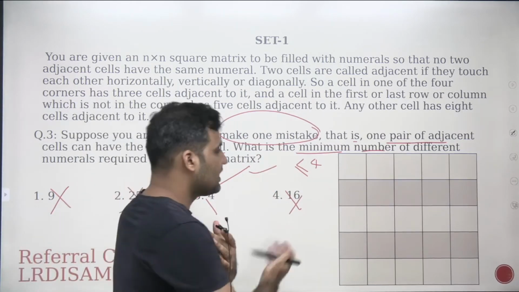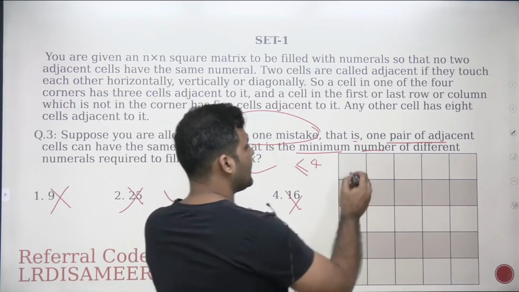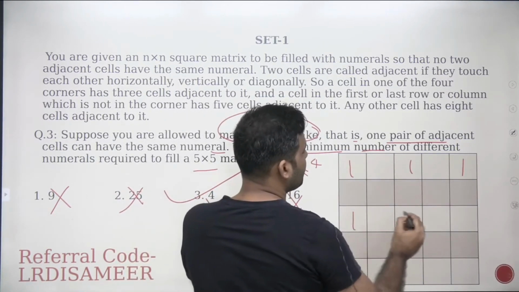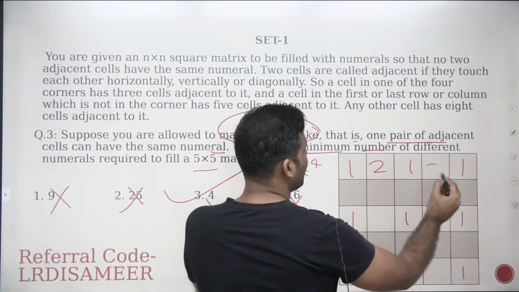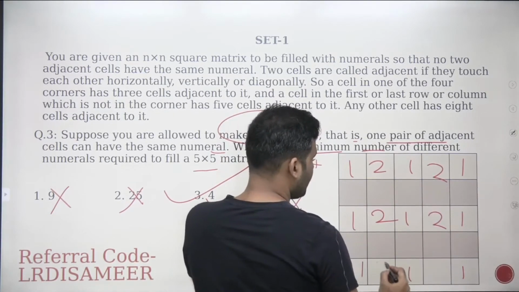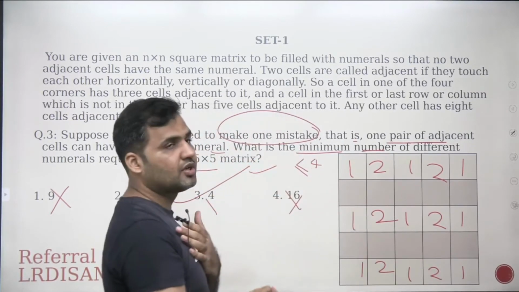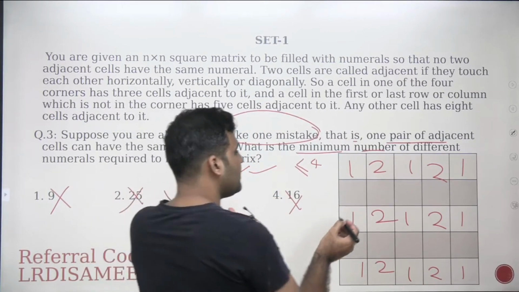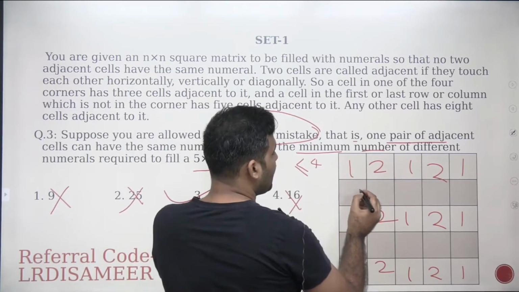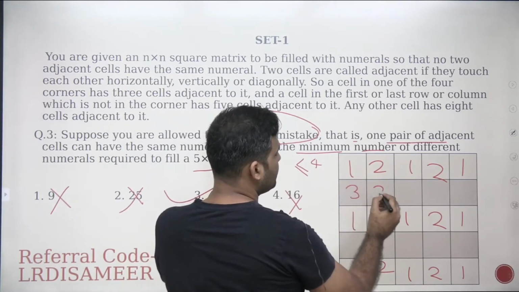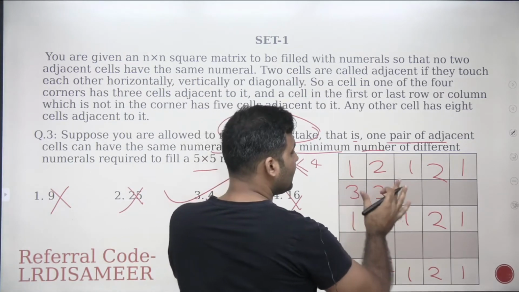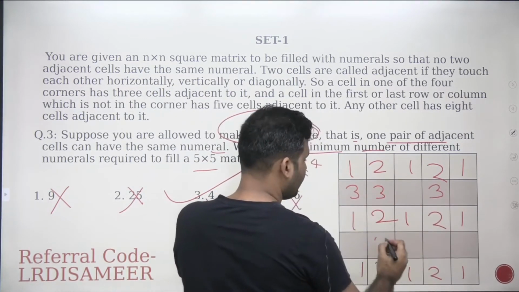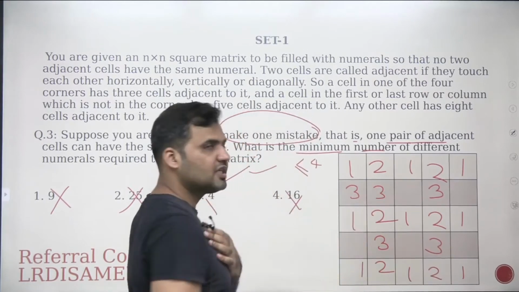Anyways, let's look at it theoretically also. We see that the maximum number of times one can be used is at these places, right? 2 can be used over here. Now because it says one mistake is allowed, even if I'm using a number 3 at these two cells, I will still require 3 here, right, to fill here. Now you see that I have committed an error.